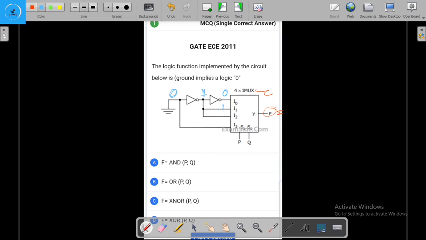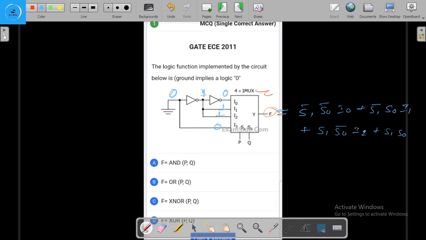If we look at this, it is 1, 1 and this is 0, so we know the Boolean function of the 4 to 1 mux, that is S1 bar S0 bar I0 plus S1 bar S0 I1 plus S1 S0 bar I2 plus S1 S0 I3.